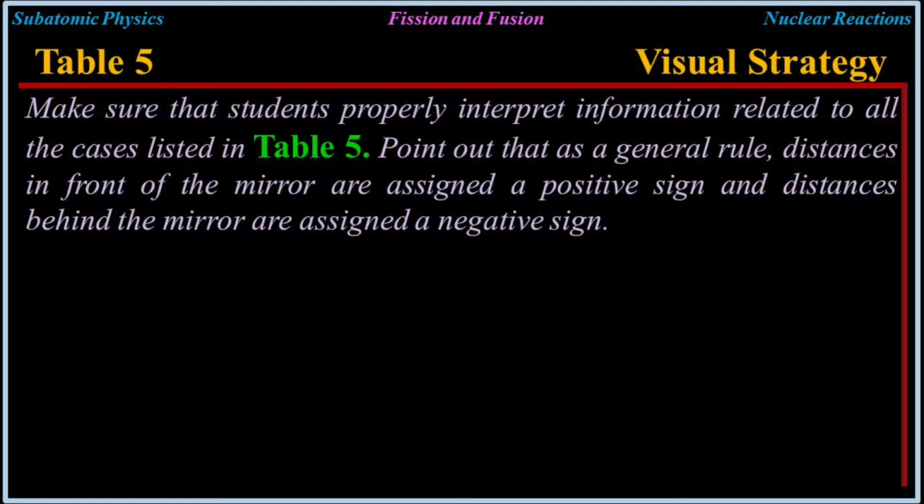Make sure that students properly interpret information related to all the cases listed in Table 5. Point out that as a good general rule, distances in front of the mirror are assigned a positive sign, and distances behind the mirror are assigned a negative sign. So study the table before we begin.